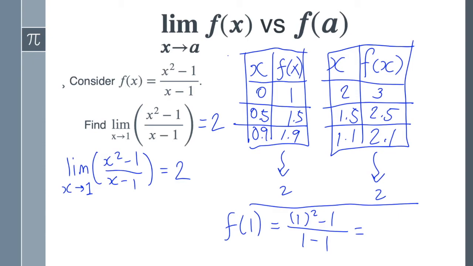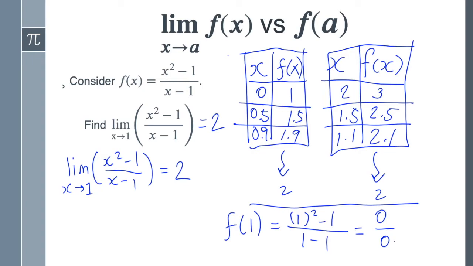Therefore, 1 minus 1 is 0. So this is not a good number to look at. 0 over 0, to tell you in advance, is what we call the indeterminate form. We're going to discuss this in future lessons.